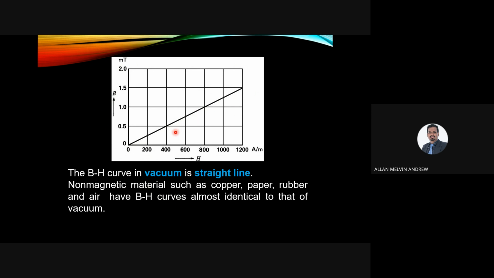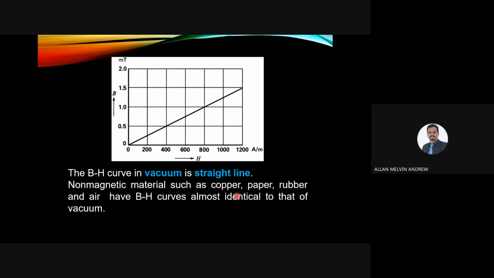Later we will see other magnetic materials, where the curve will be a bit curved, not a linear curve. Non-magnetic materials such as copper, paper, and rubber have a BH curve almost identical to that of vacuum.